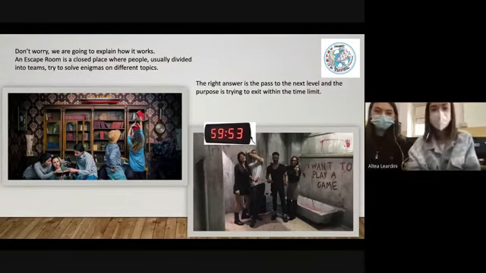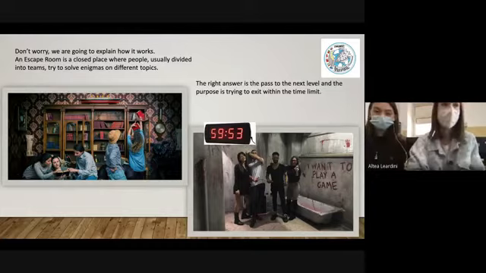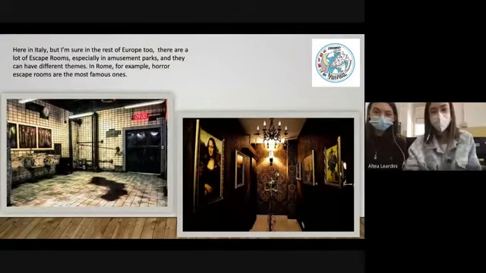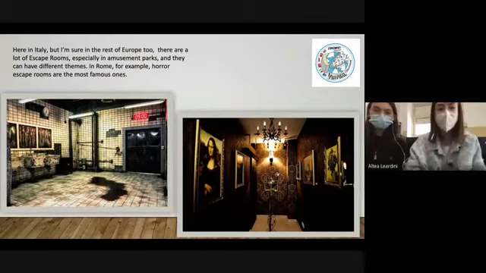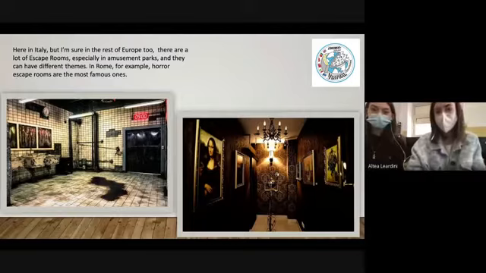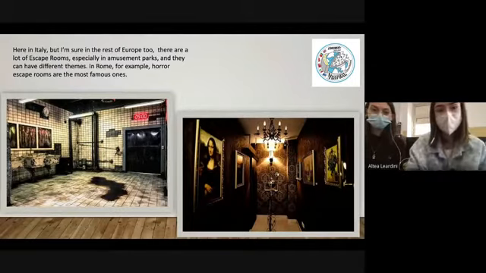The right answer is the path to the next level, and the purpose is to exit within the time limit. Here in Italy, but I'm sure in the rest of Europe too, there are a lot of escape rooms, especially in amusement parks, and they can have different themes. Horror escape rooms, for example, are the most famous ones.